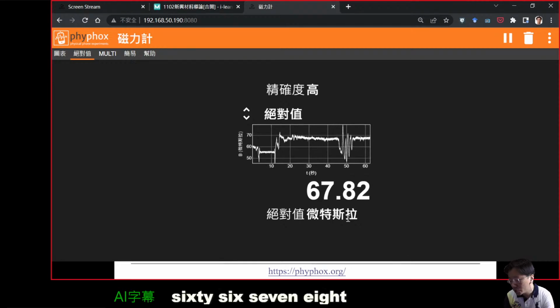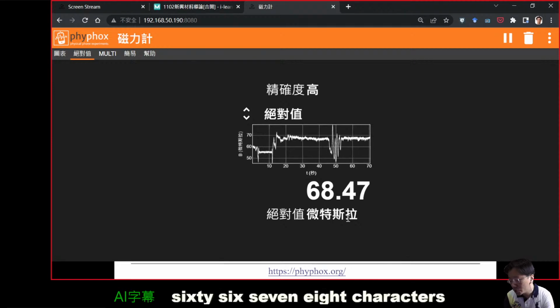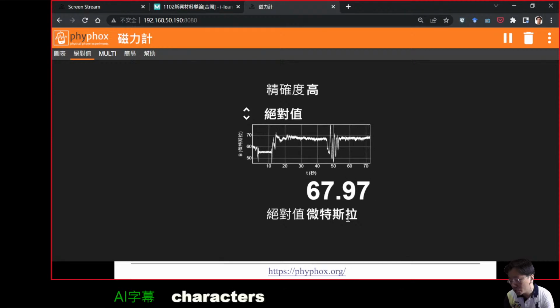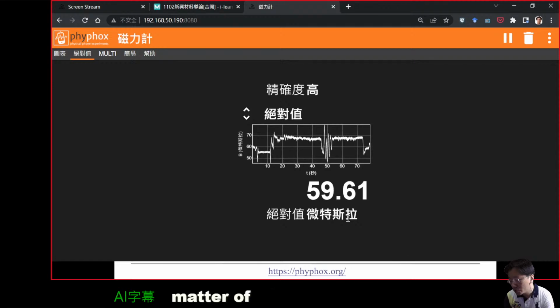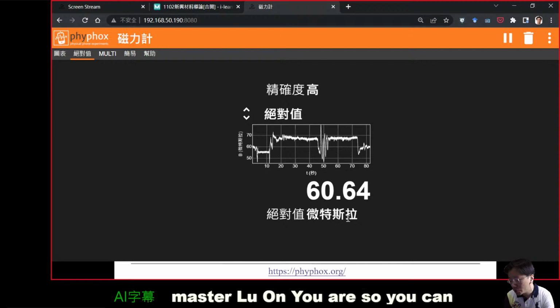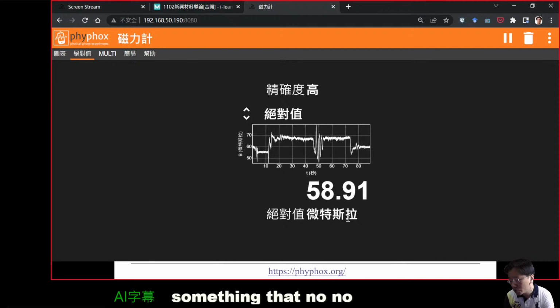Typically in the Zhongli area, the magnetic field from the Earth would be probably 38 microtesla. So you can download this app and measure by your own, and you can also measure the magnetic field inside your house and find out if there is something abnormal.